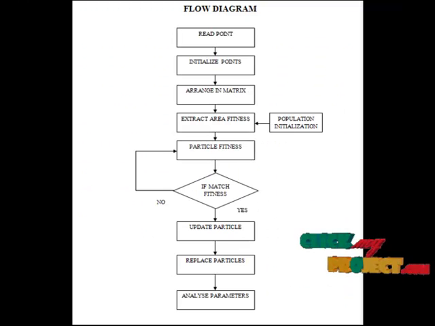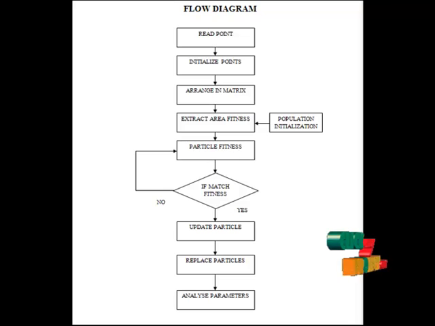Now I am going to explain the flow diagram of our project. In the first stage of our flow, we use the initialization points for the PSO optimization. The PSO simulates the behavior of bird flocking. Suppose the following scenario: a group of birds are randomly searching for food in an area.